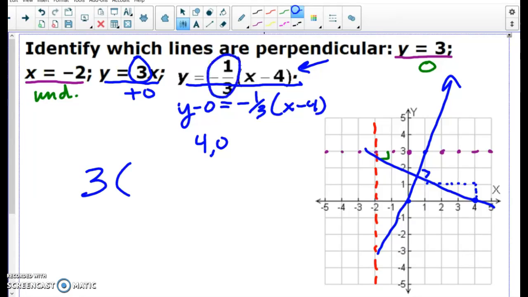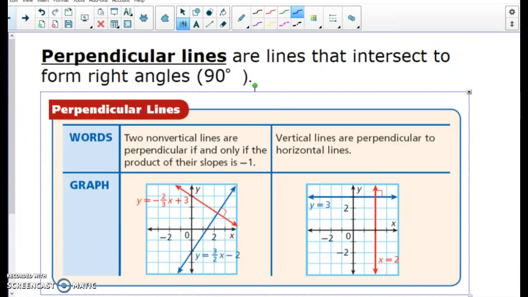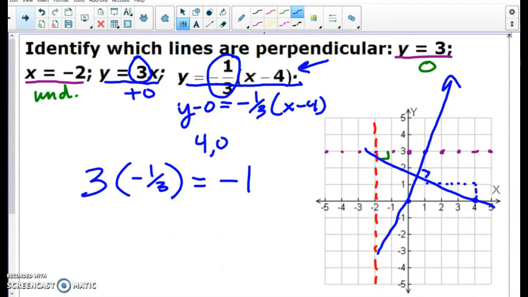Second slope is negative 1/3. And if I multiply those together, I find a product of negative 1, which was our definition. Right here, two non-vertical lines are perpendicular if and only if the product of their slopes is negative 1. So we can see that in the case of the second two lines.